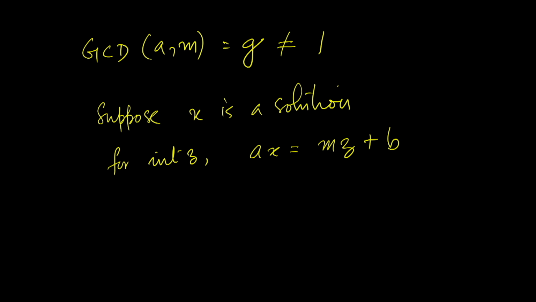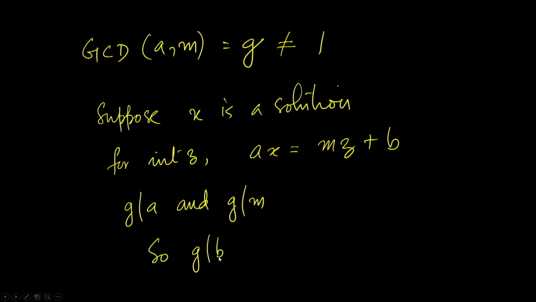As Ax is congruent to b modulo m, Ax must be b plus mz for some integer z. Now g is the GCD of A and M, so g divides A and g divides M. Therefore, g must divide b too. In other words, after finding the GCD of A and M, if we find that g does not divide b, then there is no solution.